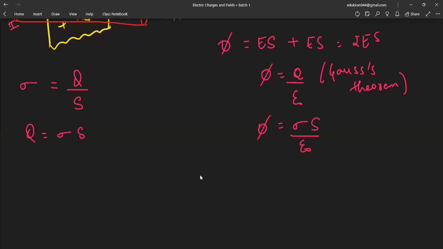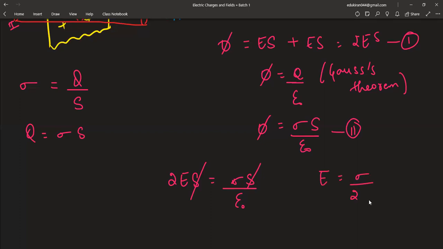Let's equate these two, 1 and 2: 2ES equals sigma S divided by epsilon naught. S would be cancelled, and the electric field would be sigma divided by 2 epsilon naught.